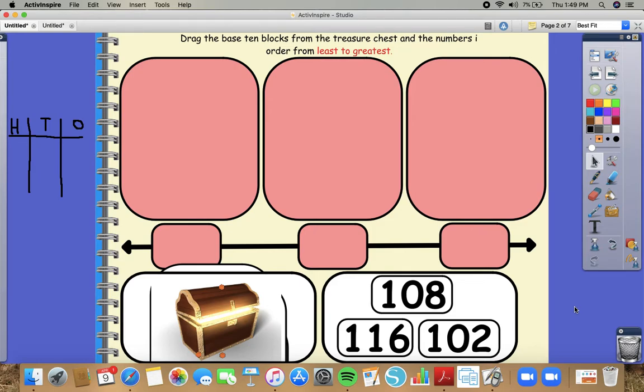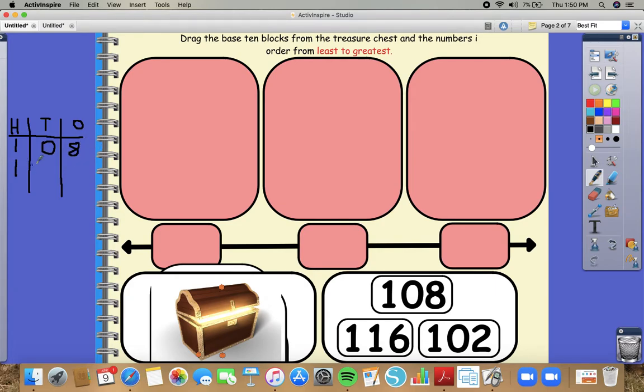Alright, so our numbers down here are 108, 116, and 102. So on the side over here, I made a place value chart, and we're going to take our pencil and we're just going to write our numbers. So our first number is 108, so we do 1, 0, 8 to make 108.